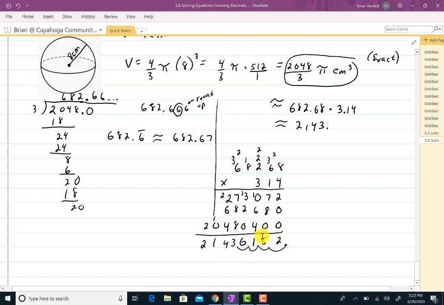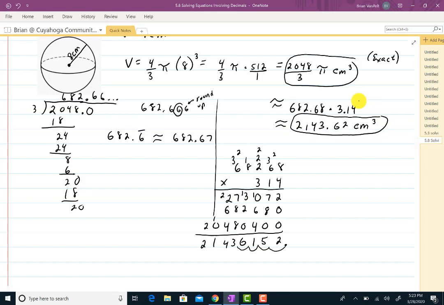0.62 because that 5 will tell me to round up. So 0.62, and we want centimeters. This time we want cubed because I was still working on the volume. So how many decimal places you're asked for will determine how much of this you want to do.